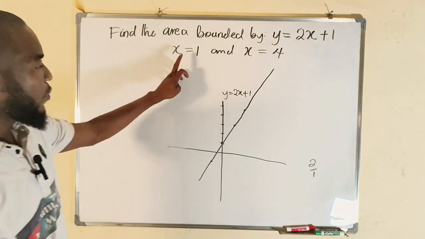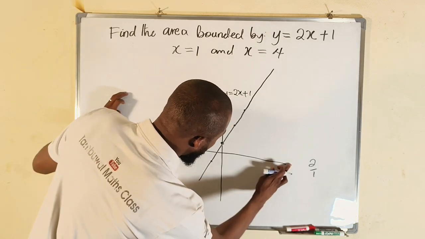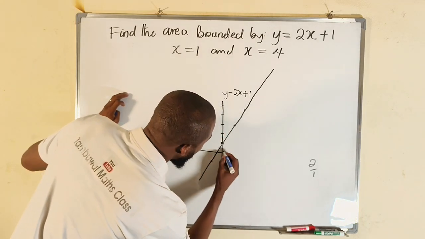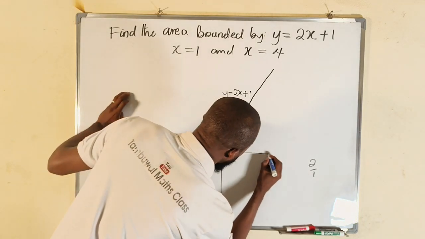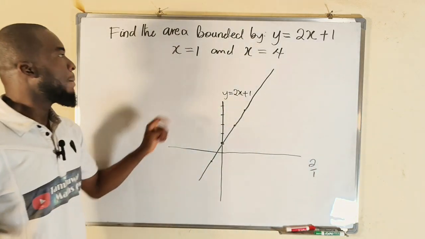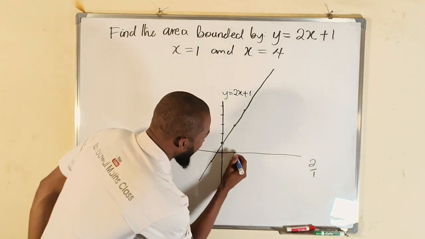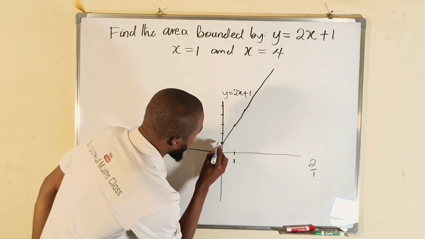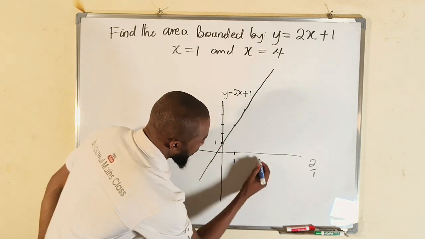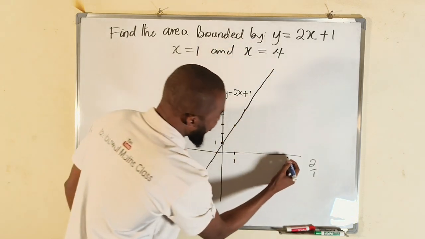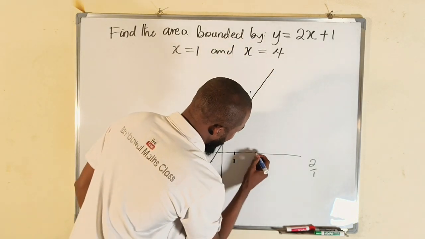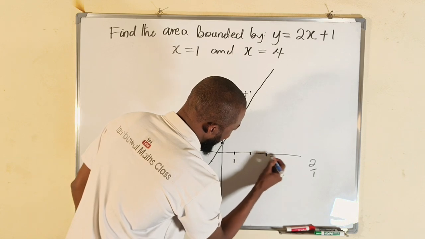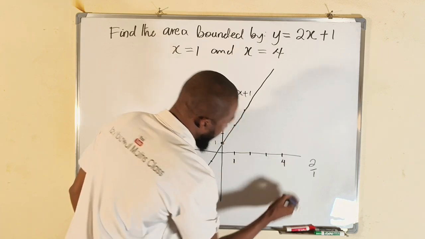Then let us locate x equal to 1. This is not straight. Let me try my best. Something like this. X equal to 1. Suppose we have 1 here. Remember that this is 1 as well. And x equal to 4. Suppose we have it here. Okay, let me say 2, 3, 4.